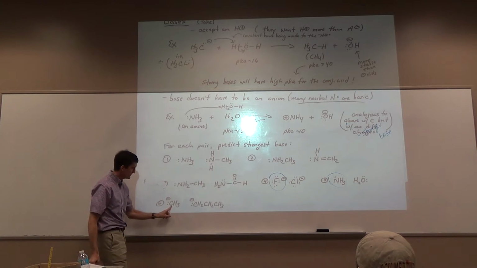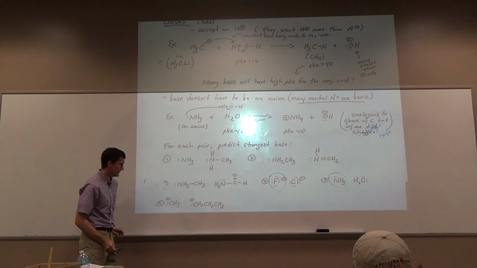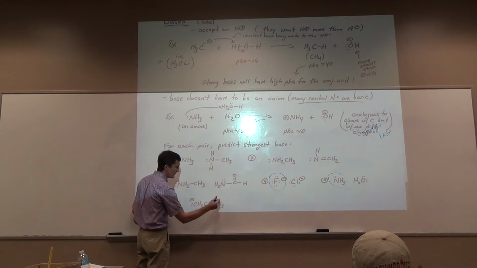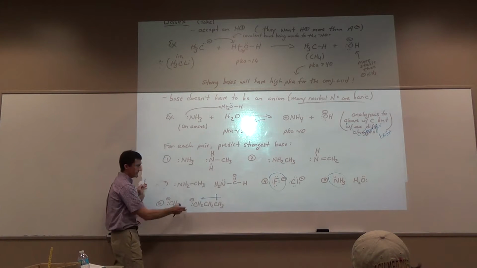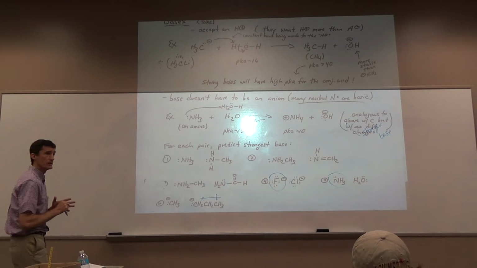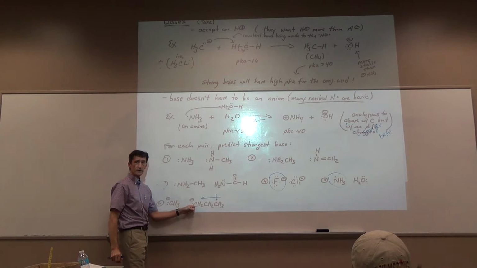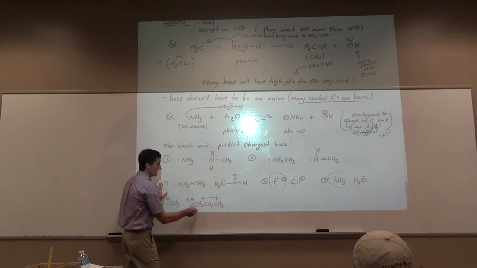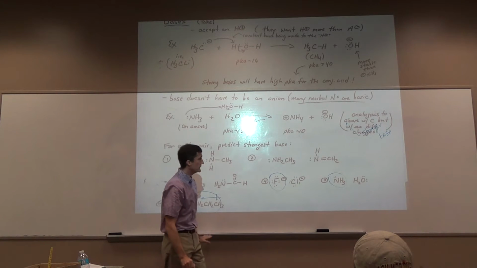Which is a stronger base, this carbanion or this one? Well, this has the extra sp3 carbons. What do they do? Donate. Is that going to stabilize the anion or make it more electron rich? More electron rich, and thus more prone to finding an H+. More basic. Okay, inductive donation.